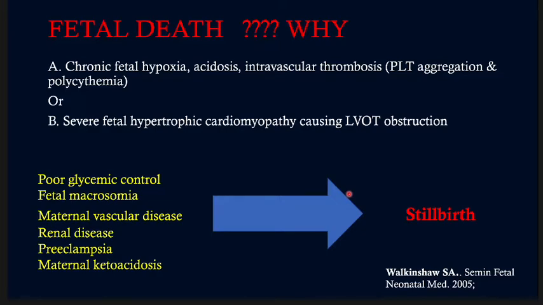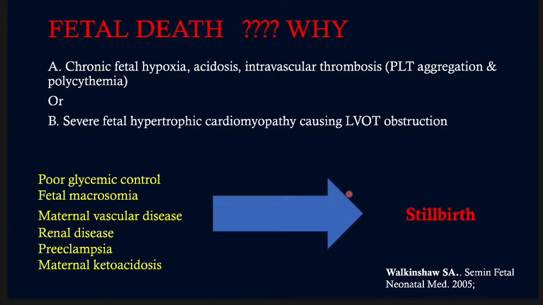So this chronic fetal hypoxia, ultimately going into chronic acidosis, might cause intravascular thrombosis, and eventually death, depending on which organ.